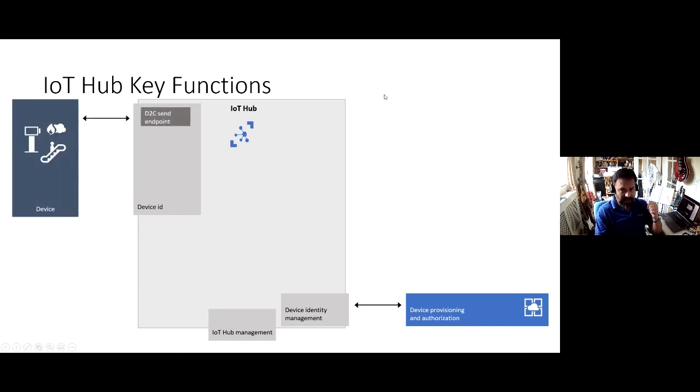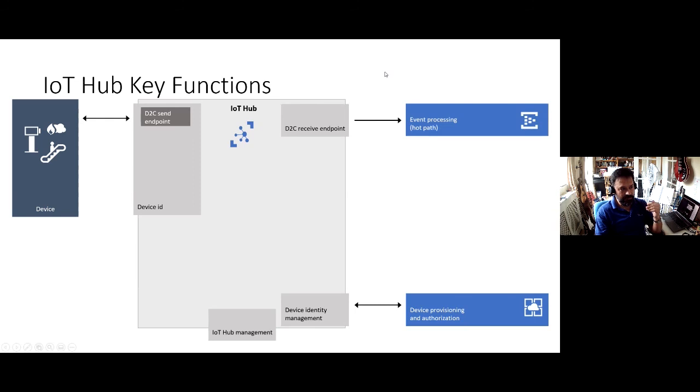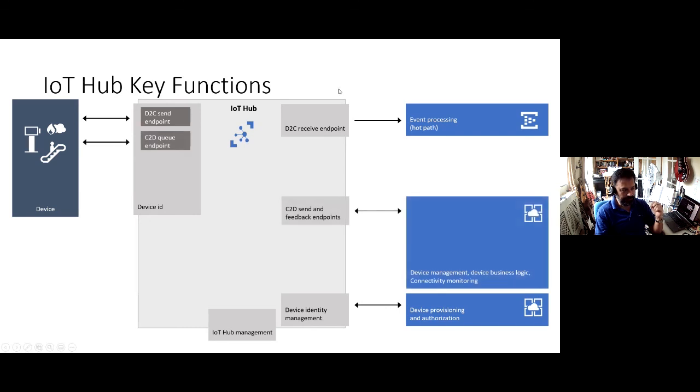There's a device-to-cloud send endpoint for that telemetry, and then you can pull that data out of the back end as well and send that off for processing. And that endpoint on the service side, as we call it, actually looks a lot like an Event Hub, because originally IoT Hub was based on the Event Hub code, and then became more richly featured and specific to many outward-facing devices in the wild there.